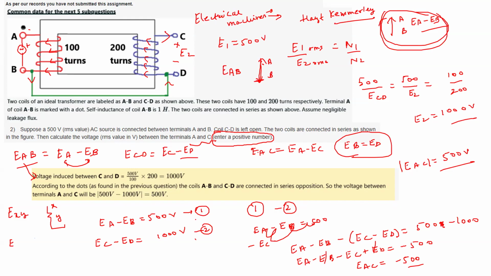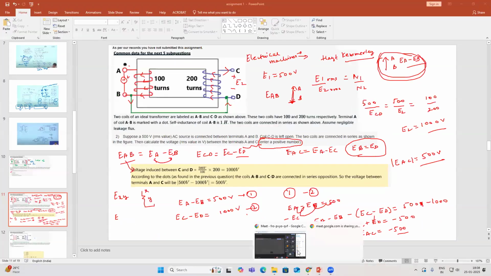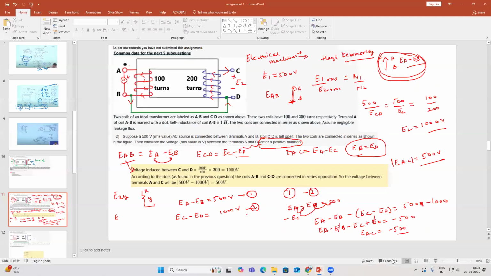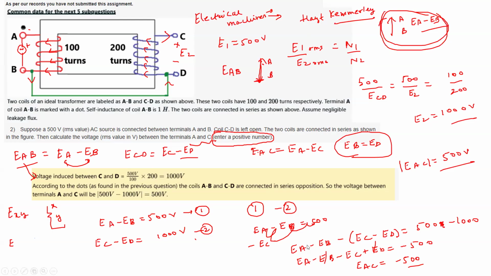Now, this question is clear, right? This is a very standard and very simple question. For eliminating the doubt, because here in the question they have not marked anything, right? If someone is saying between the terminals A and C, someone can take it as EAC, someone can take it as ECA also.